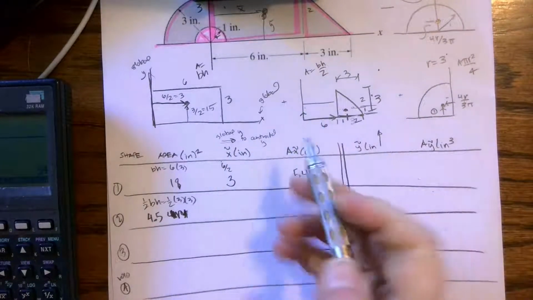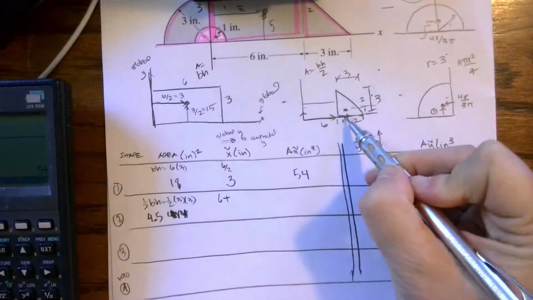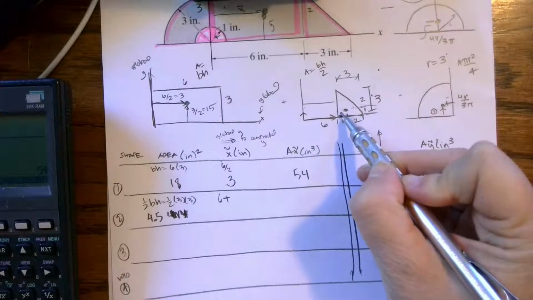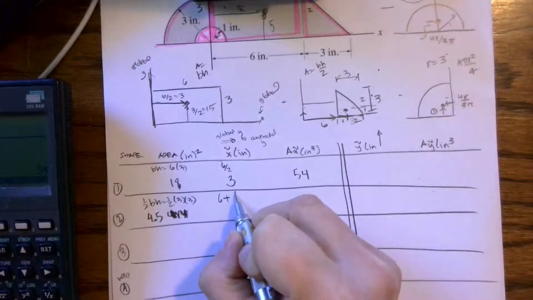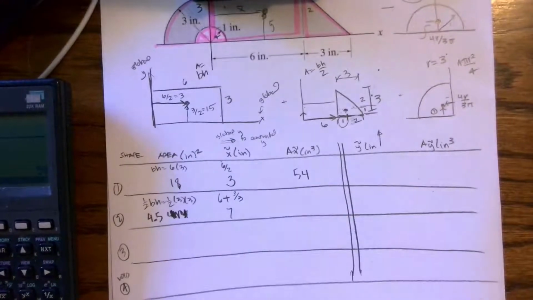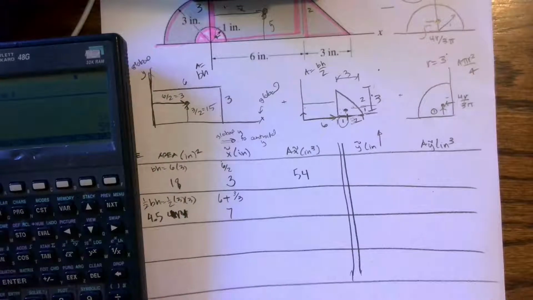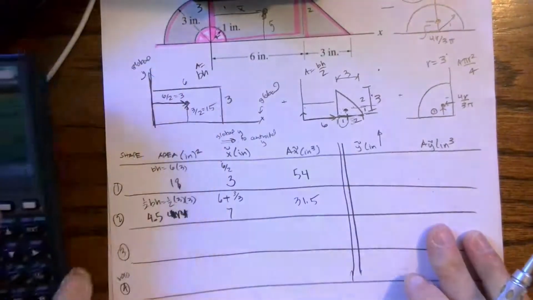So I have to march over 6 plus, and then I recognize that it's 1/3 of the base over because of the way that my triangle is oriented. So I have 3 over 3, which I already said was 1, so that's 7 inches. So 4.5, enter, 7 times, and I have 31.5 inches cubed.